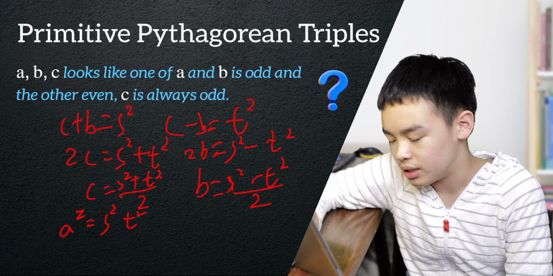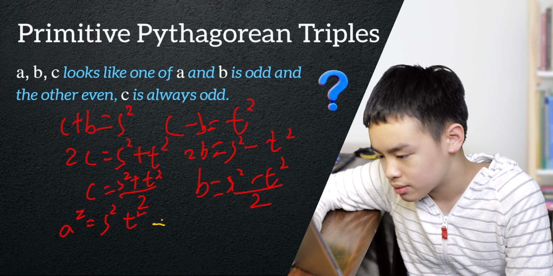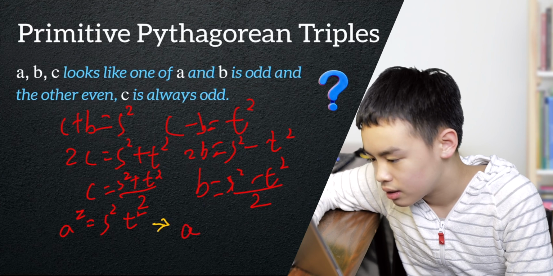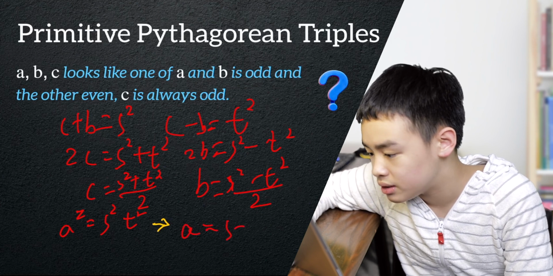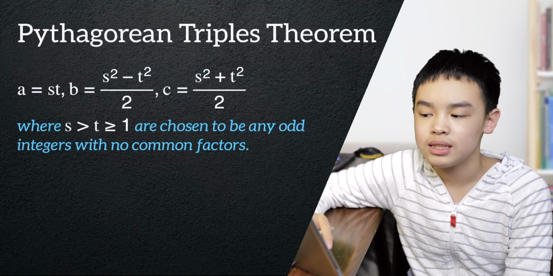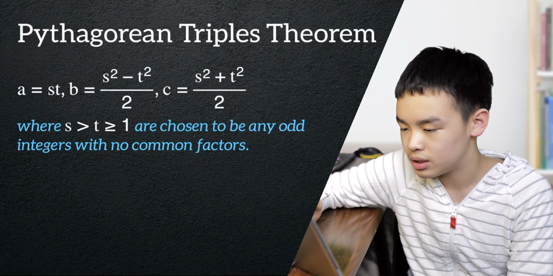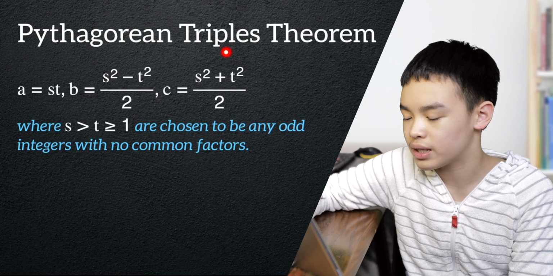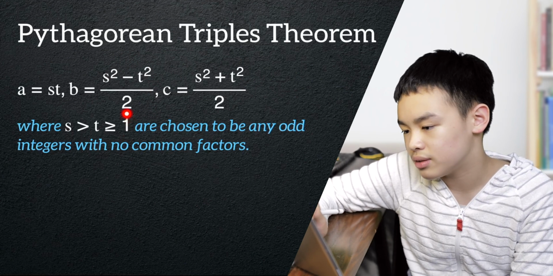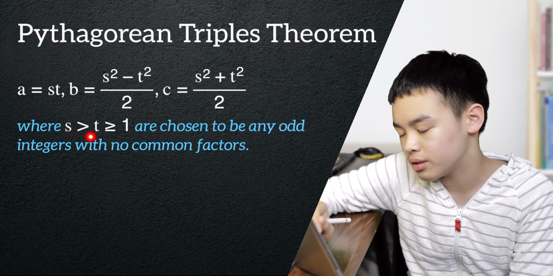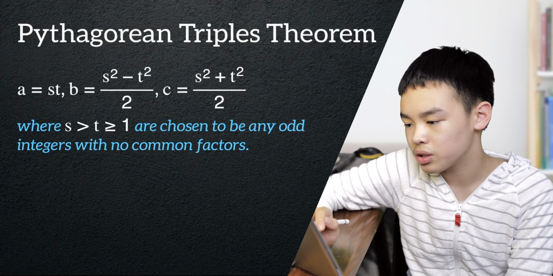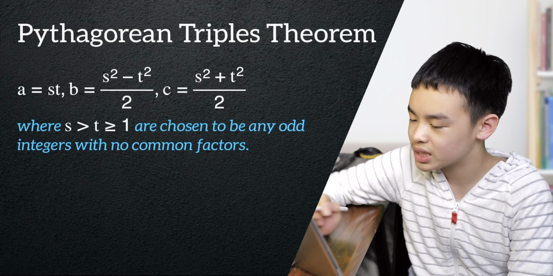If we take the square root of each side, we get A equals ST. So now we have the theorem: A equals ST, and B and C equal these two fractions. And also S is greater than T, which is greater than or equal to 1, and they're chosen to be any odd integers with no common factors.